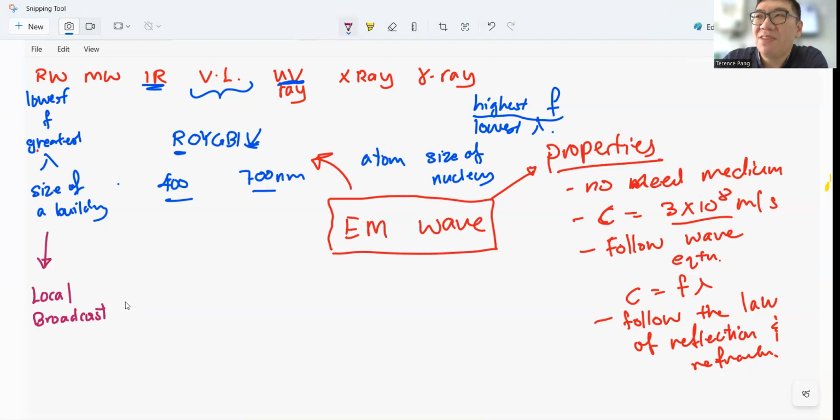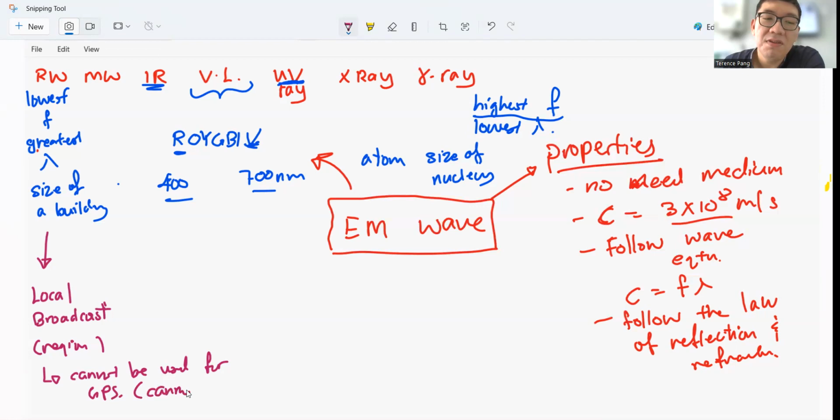No, GPS is not. Confirm not. Radio wave can never be used for GPS. Radio wave is only for local broadcasts within the region. Why can radio wave not be used for GPS? Because it cannot pass through.